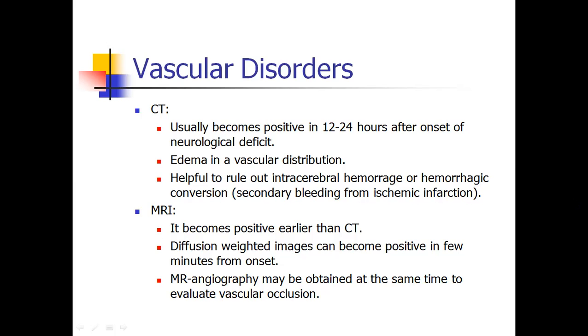Diffusion-weighted images can become positive even within a few minutes from onset, and magnetic resonance angiography may be obtained at the same time to evaluate vascular occlusion. One of the options of this technique is to look not only at simple MRI pictures, but also at reconstructed angiograms.